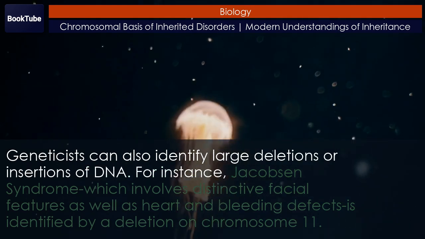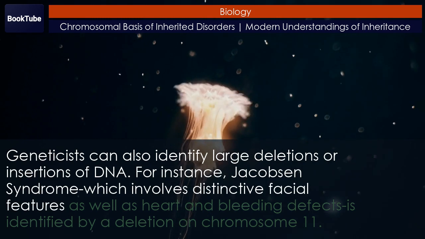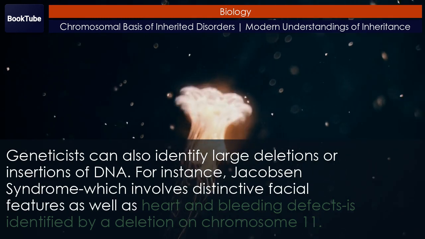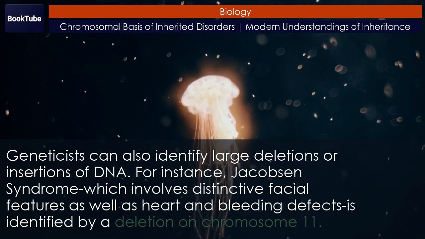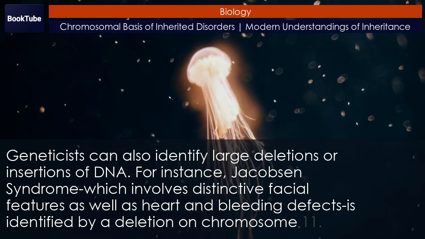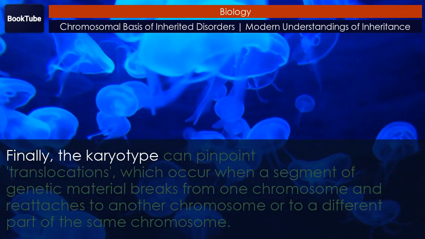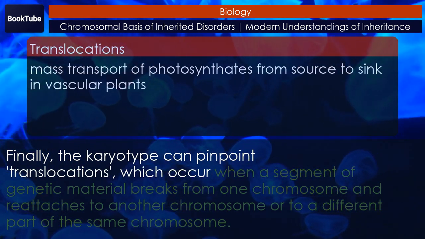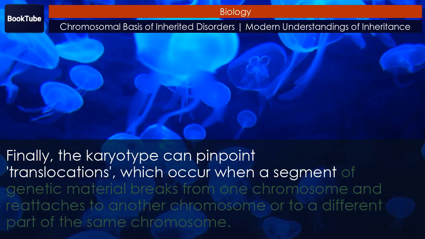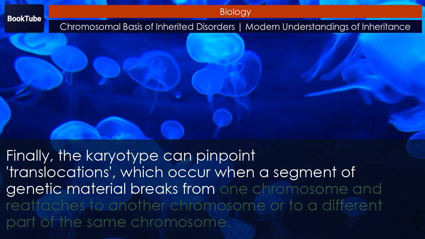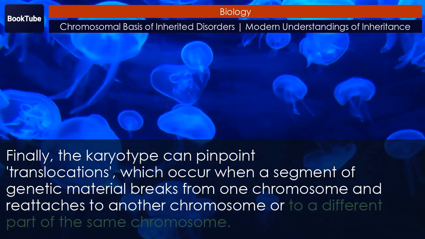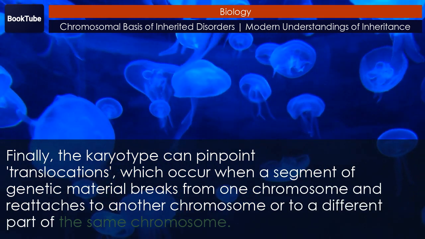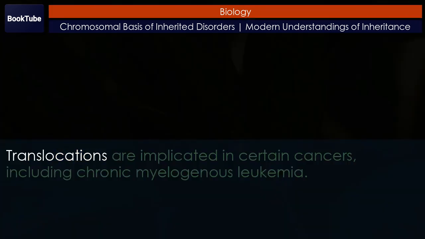For instance, Jacobson syndrome, which involves distinctive facial features as well as heart and bleeding defects, is identified by a deletion on chromosome 11. Finally, the karyotype can pinpoint translocations, which occur when a segment of genetic material breaks from one chromosome and reattaches to another chromosome or to a different part of the same chromosome.